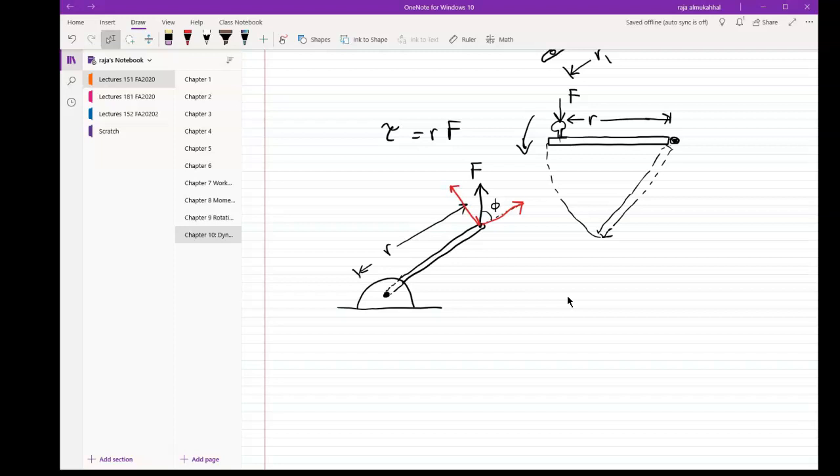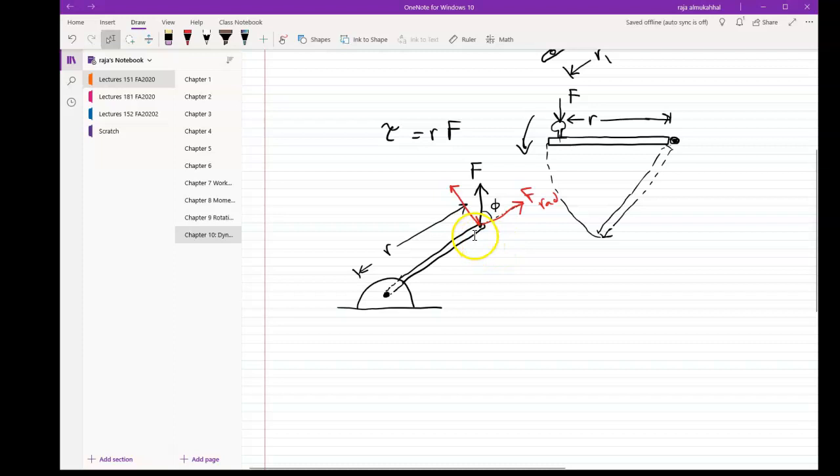This component, your book calls the radial component because it's in the direction of the radius. When the handbrake moves, it makes an arc, so you can think of this R, the moment arm, as a radius. So he calls it the radial component. Obviously, this radial component cannot move the handle either up or down.